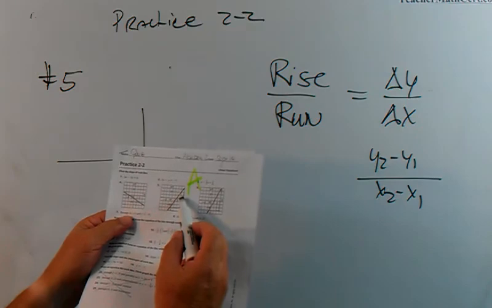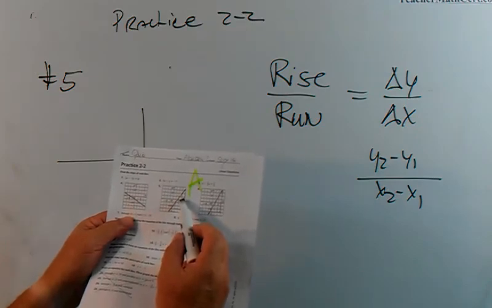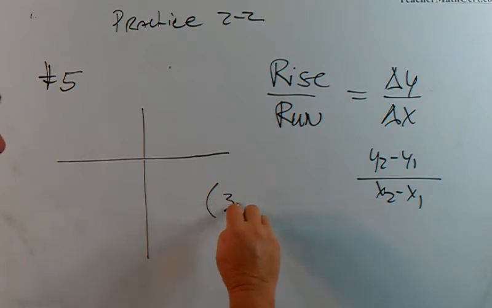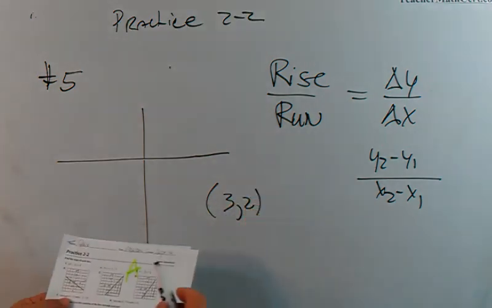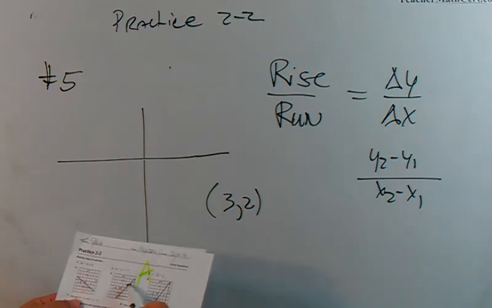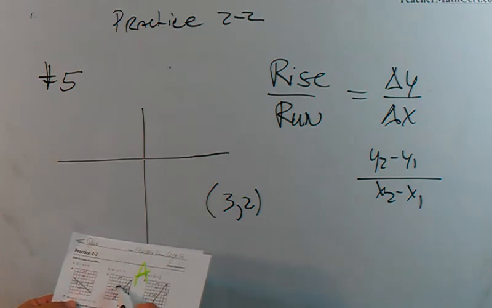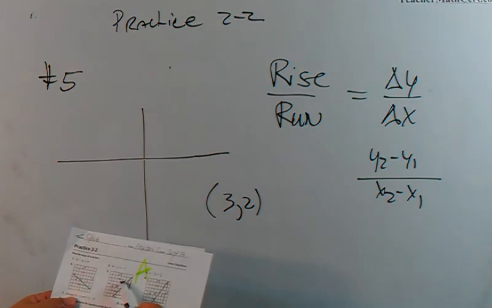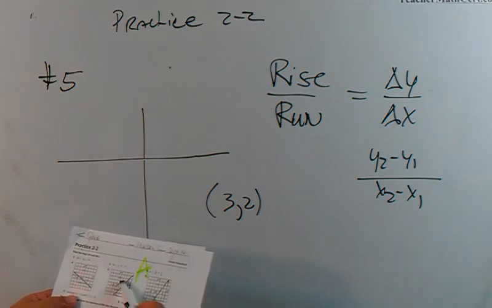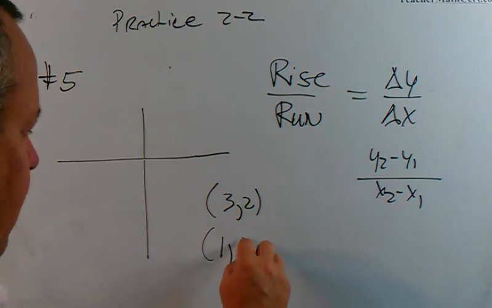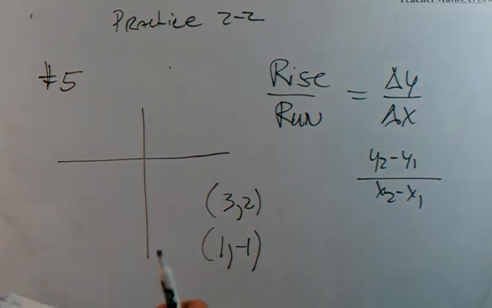X equals 3 and y equals 2. So there's a point, x equals 3, y equals 2. And this is number 5, by the way, guys. It crosses at x equals 1, y equals negative 1.